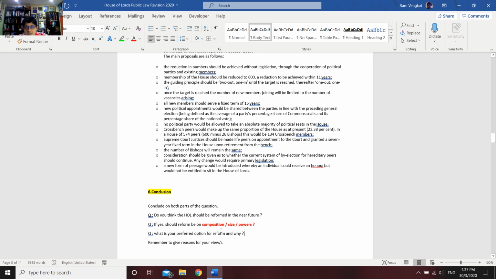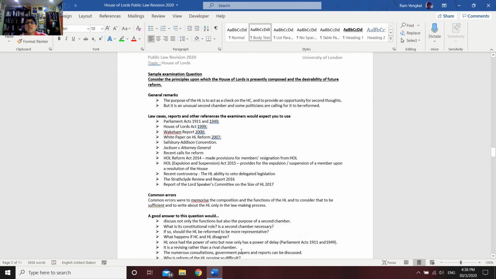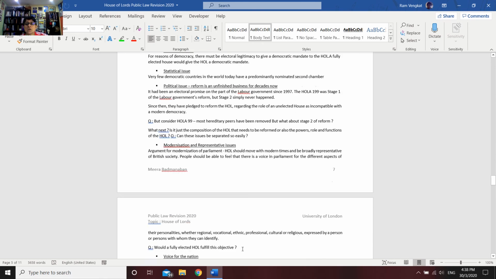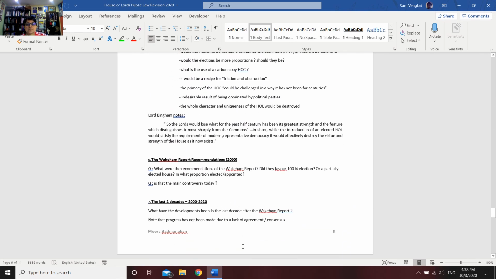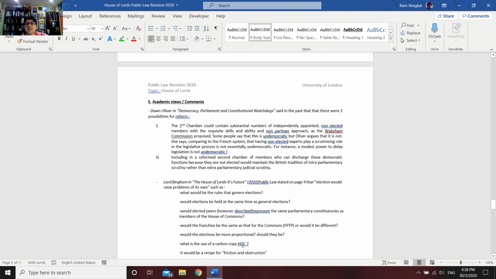Even the composition, I would say that the appointment mechanism as it is now is working fine, and it's all right if there is no elected element, because the method that the House of Lords uses, as writers like Dawn Oliver argue, and I've put this argument later on, for instance, on page 9 of the same handout, right?